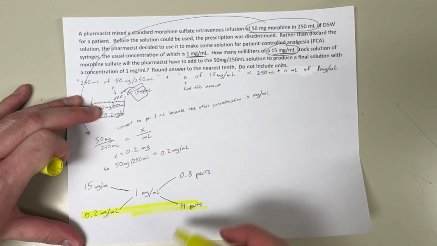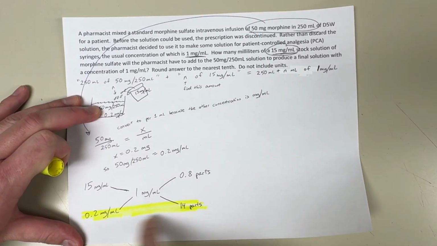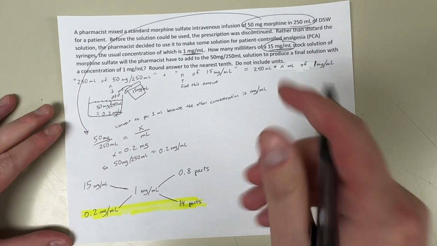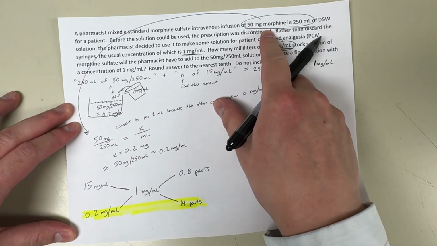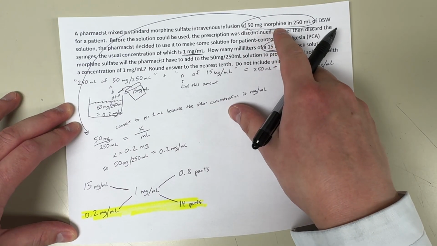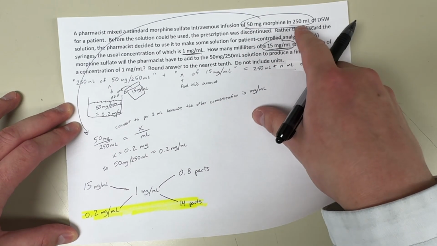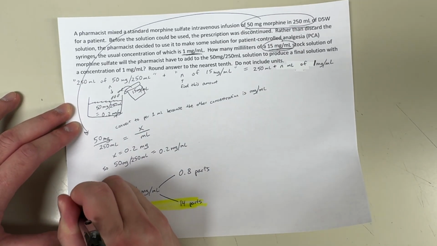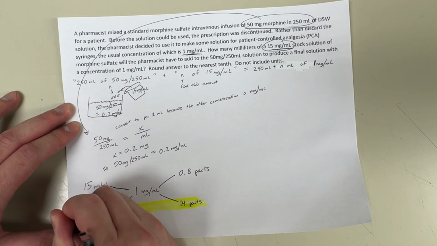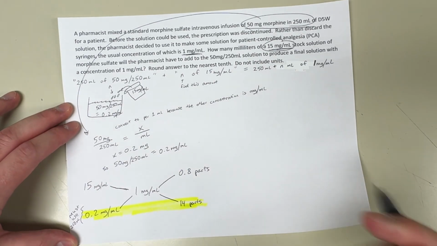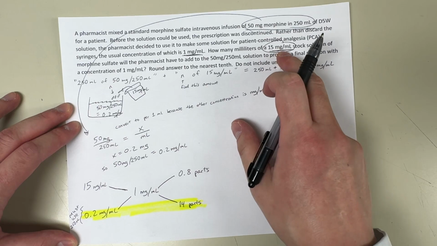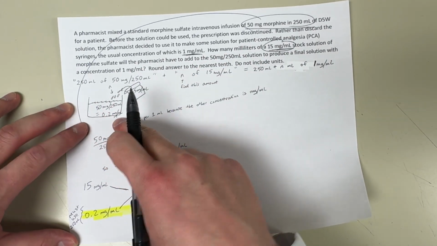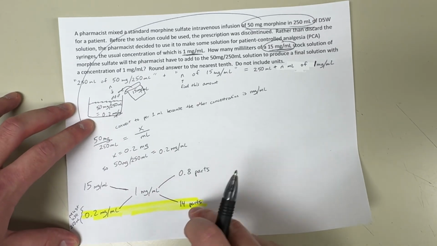So this 14 parts represents how much of this 0.2 milligram per milliliter to use. And if you notice in the question, the pharmacist already made this, and they want you to use exactly 250 milliliters, all of it. So we must use 250 milliliters because it's already made, and we're adding this unknown amount of stock into this 0.2 milligram per milliliter solution, and that represents 14 parts.